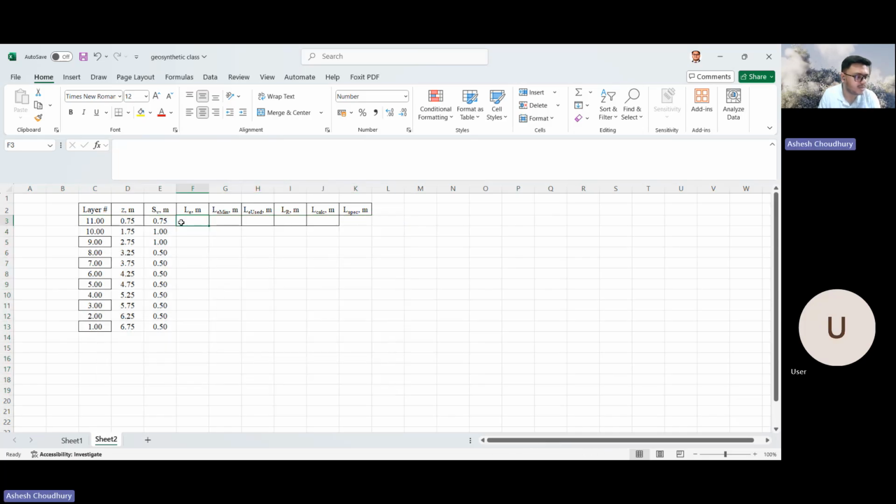Now L_E. So what is my L_E? L_E is equal to S_V by Z times 0.62 Z, with Z as 0.5.